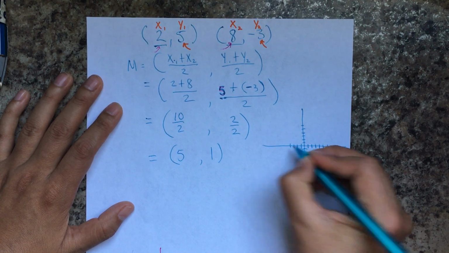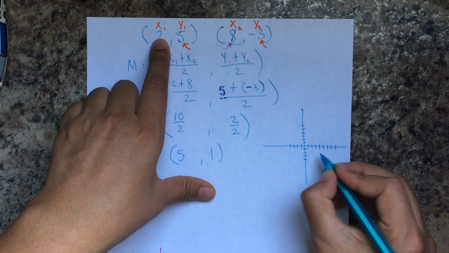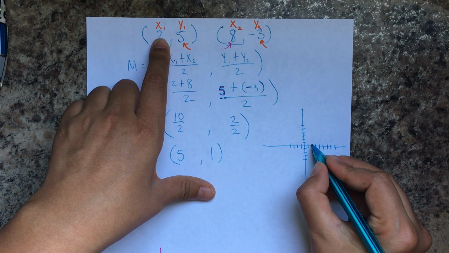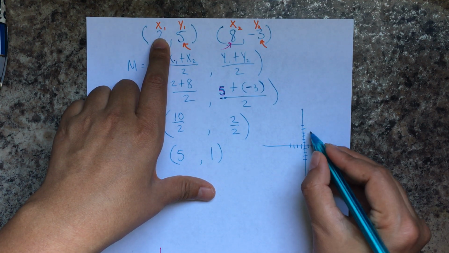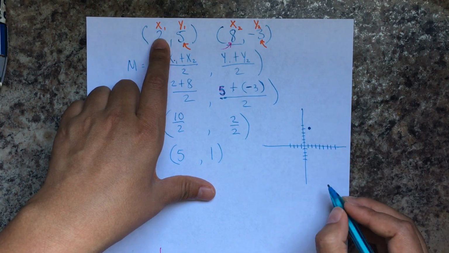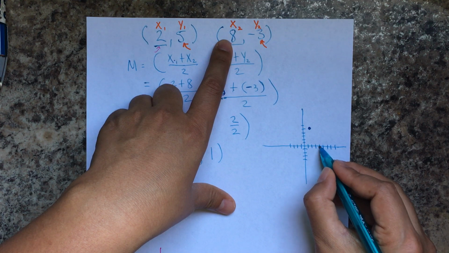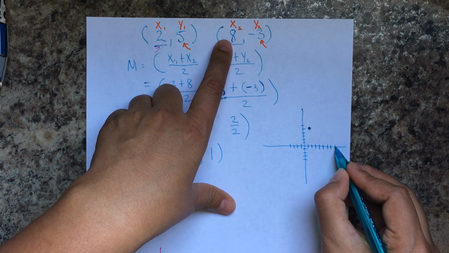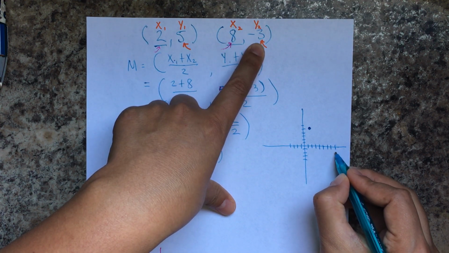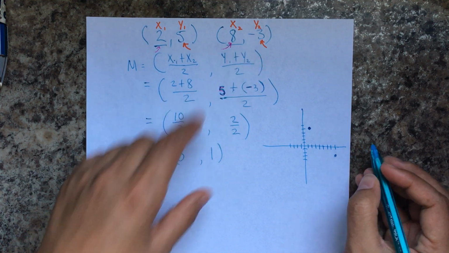That's good enough. So this is 2, 5. So 1, 2, 1, 2, 3, 4, 5. Right there. This is 8, -3. So 1, 2, 3, 4, 5, 6, 7, 8. 1, 2, 3 negative on y.